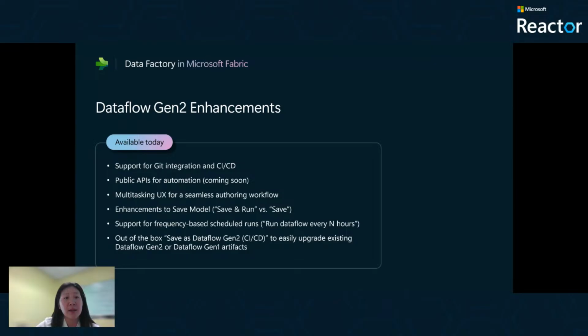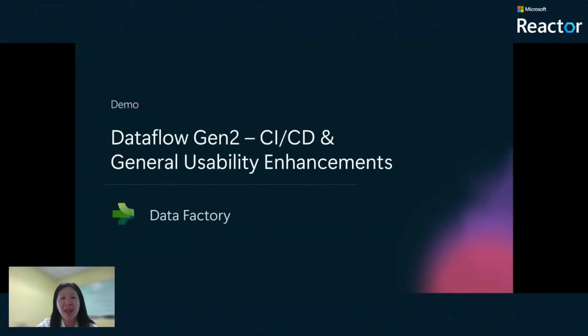And there is an enhancement to save mode, so you can use save and run versus save, and support for frequency-based scheduled runs, and also out-of-the-box save Dataflow Gen 2 CI/CD to easily upgrade existing Dataflow Gen 2 and Dataflow Gen 1 artifacts. Next, we are going to show you a demo about Dataflow Gen 2 CI/CD, the general usability enhancement.